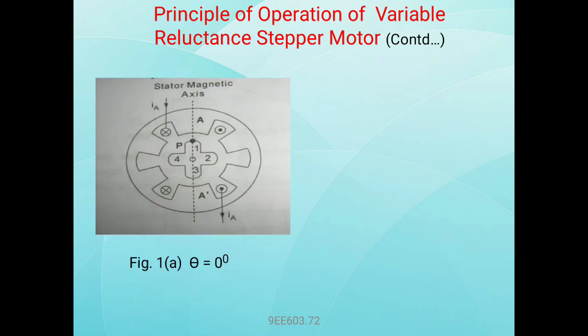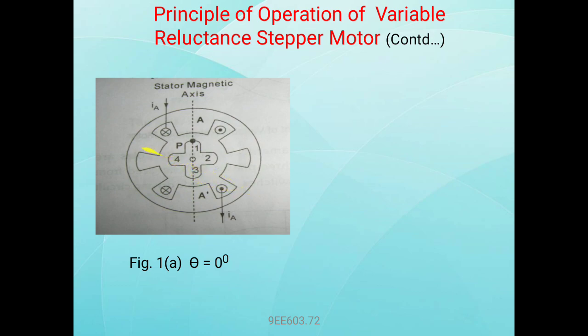See here, this is the stepper motor. Here this is the stator, and this is called a stator magnetic axis, and this one also a stator magnetic axis, and this is also a stator magnetic axis.